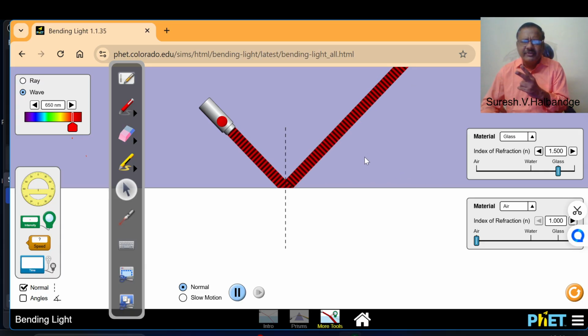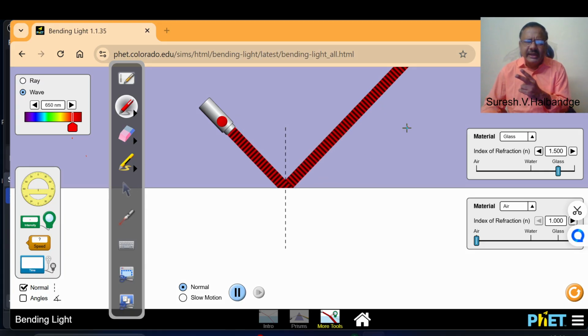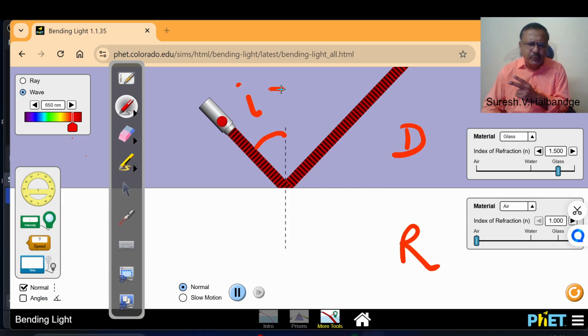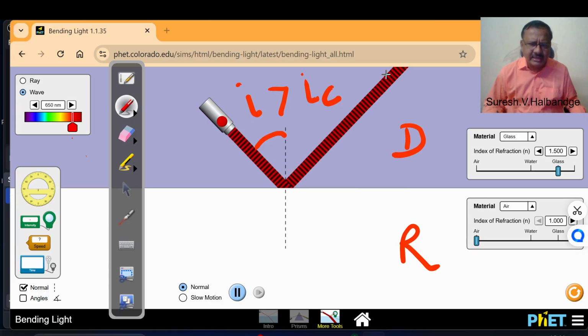The ray is passing from denser medium to the rarer medium, and at a certain angle of incidence, that is I, which is greater than IC, the angle of incidence is greater than the critical angle, then we find that the ray is totally reflected in the same medium, and this phenomenon is called total internal reflection.